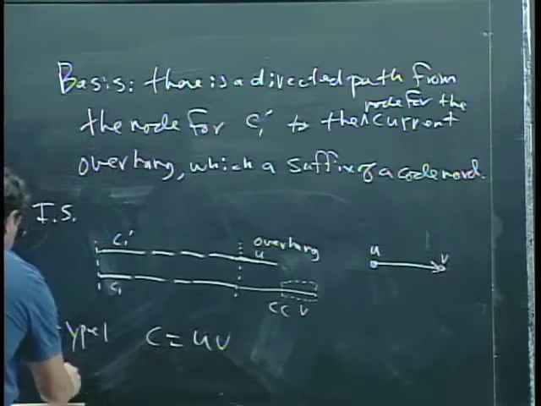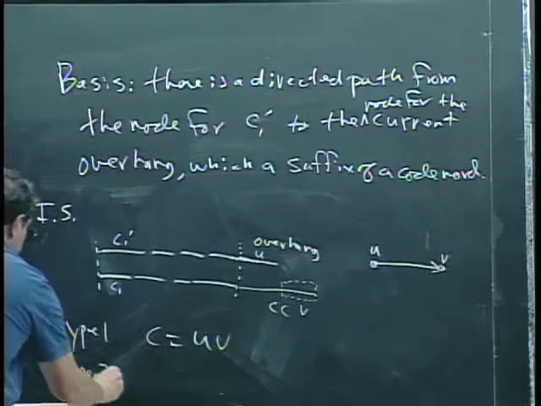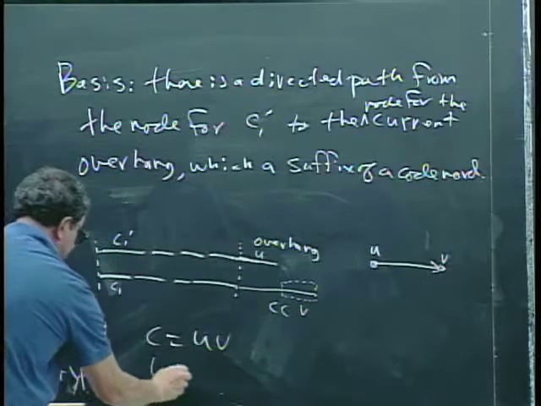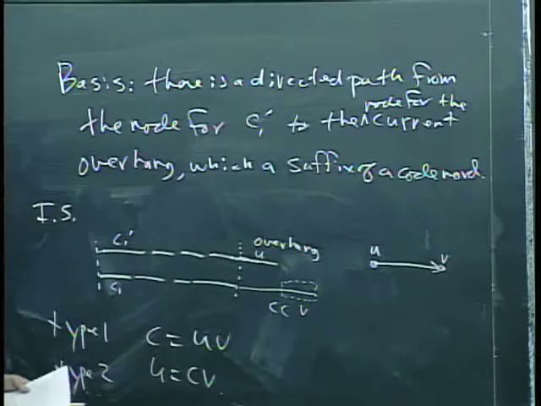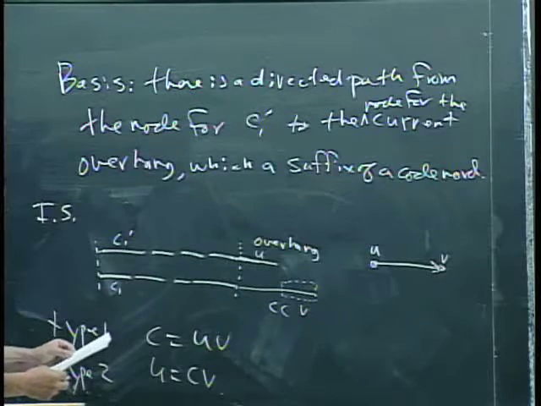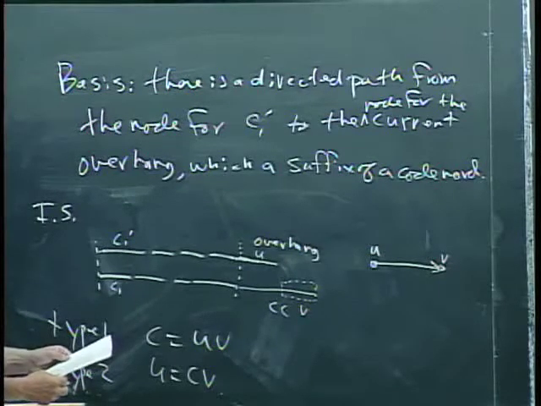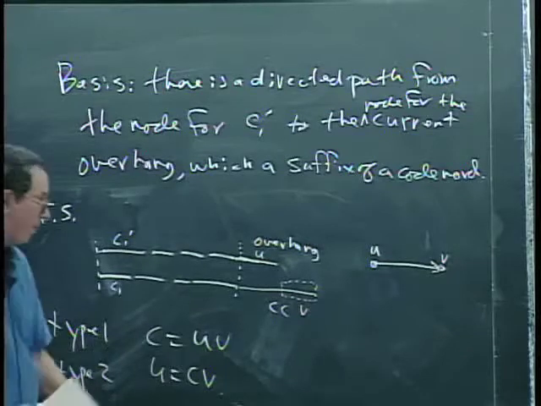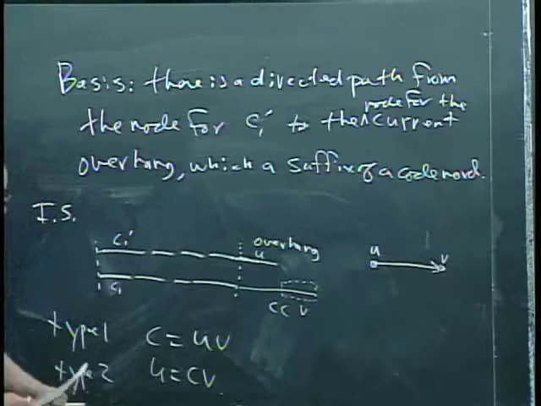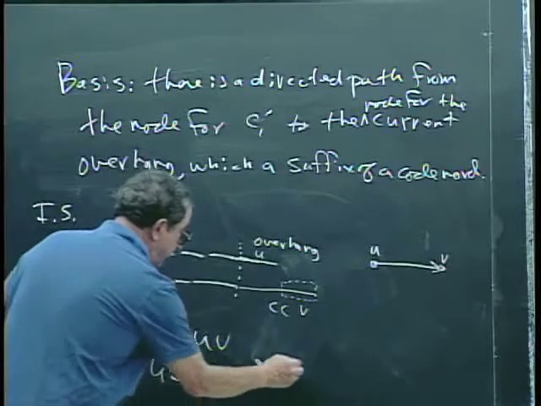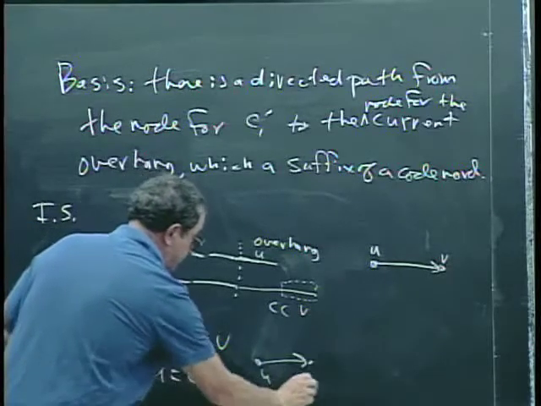And we have type 2, where U is equal to CV. And U and V are definitely suffixes of code words.